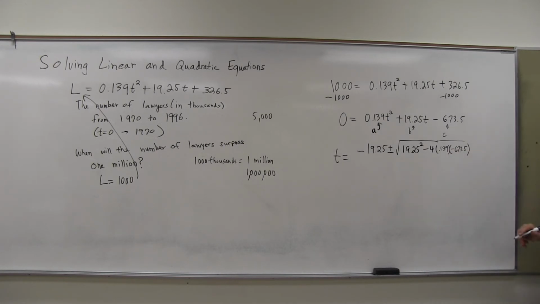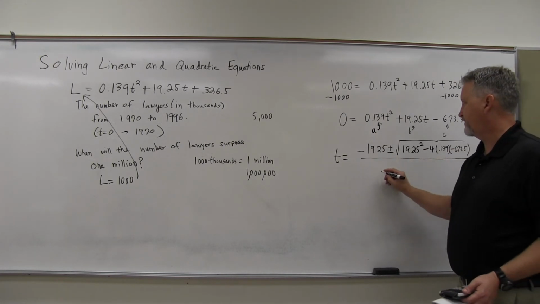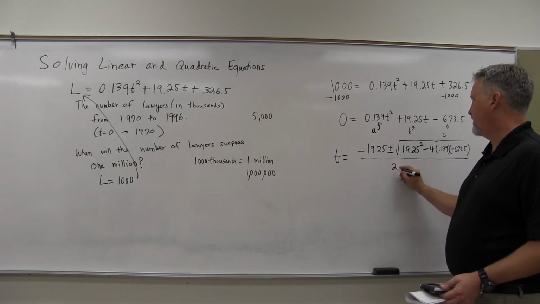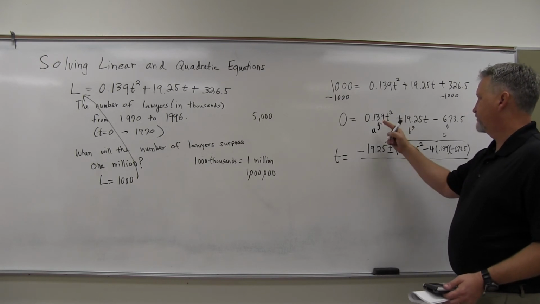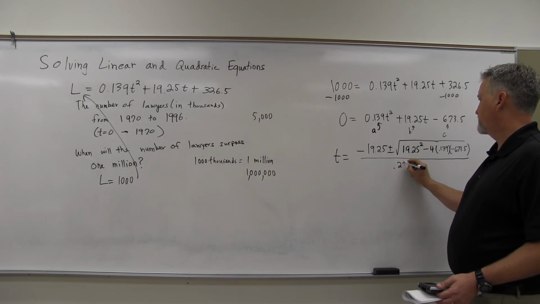Then divide that by 2 times A, so 2 times that would be 0.278.